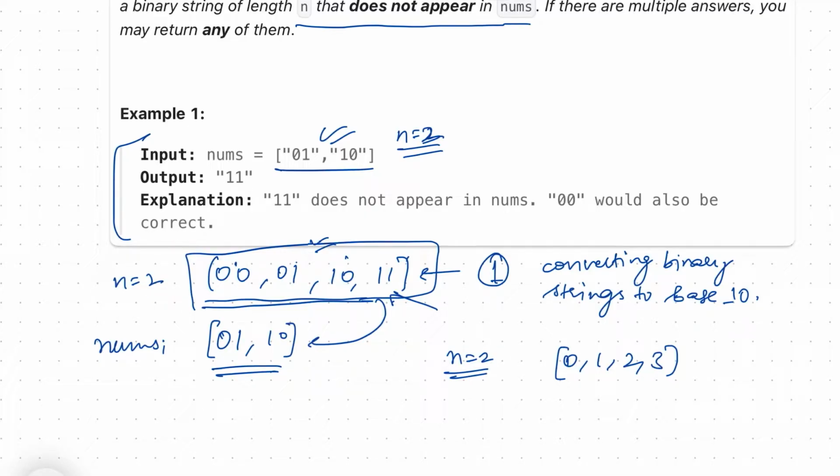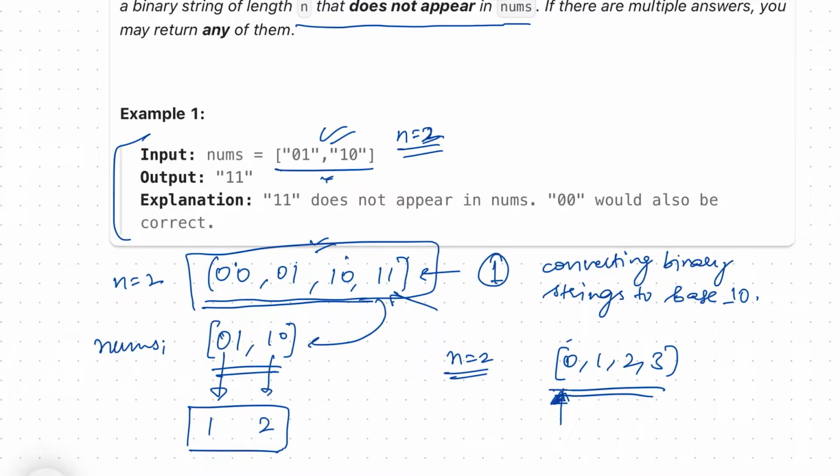In the problem we are given two binary strings, which are 01 and 10. So 01 is 1, and 10 is 2. We are given 1 and 2, and we can have 0, 1, 2, 3 in the candidate array. By iterating over that array, we can find which element is not present in our nums array.